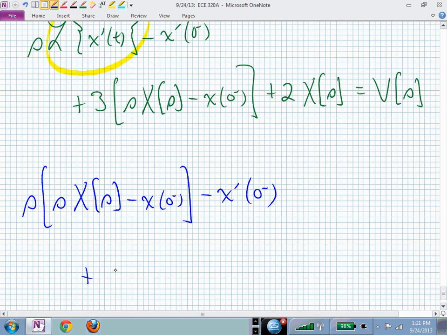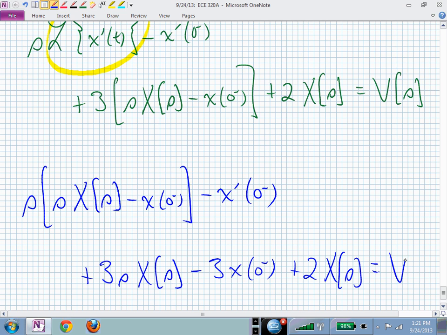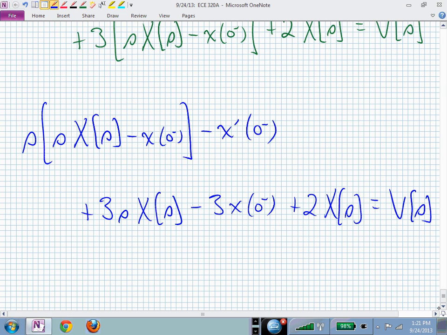Let me push that 3 through. I could say I have 3s X of s minus 3x of 0 minus plus 2 X of s is equal to V of s.